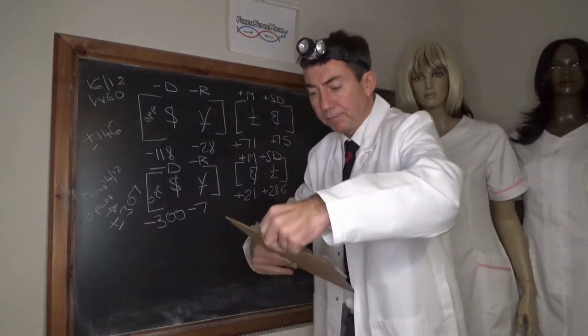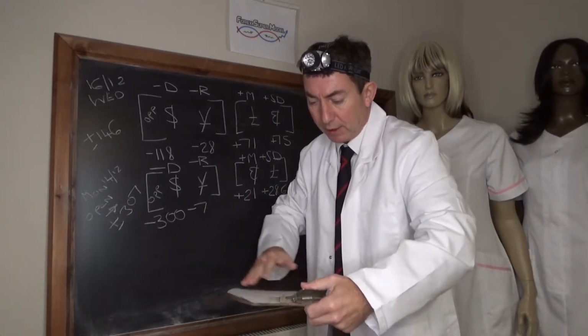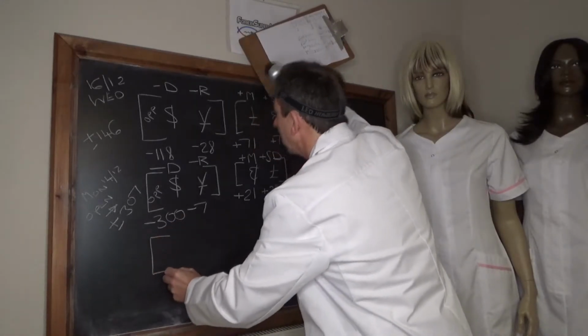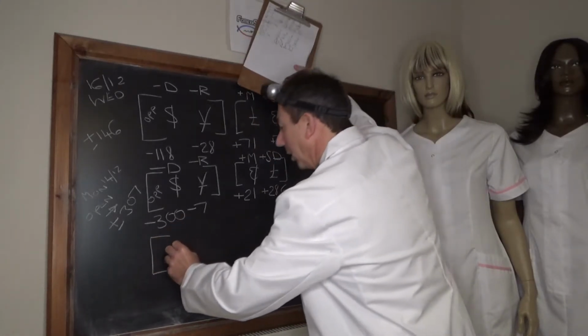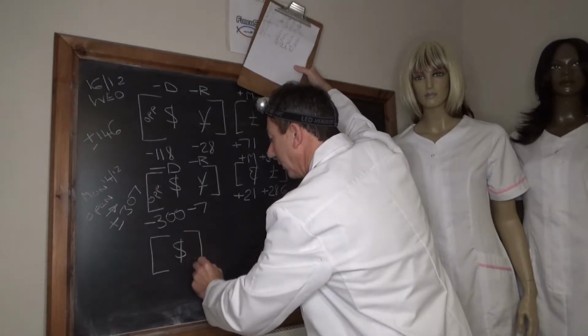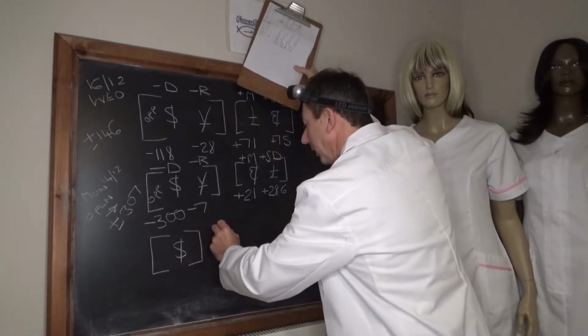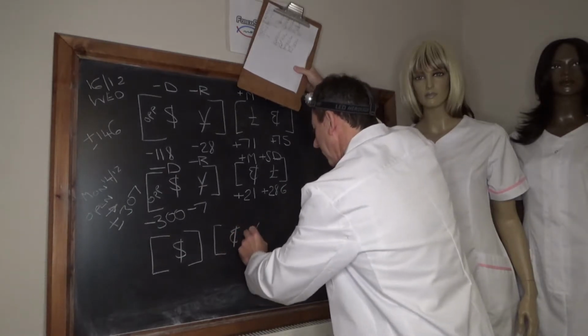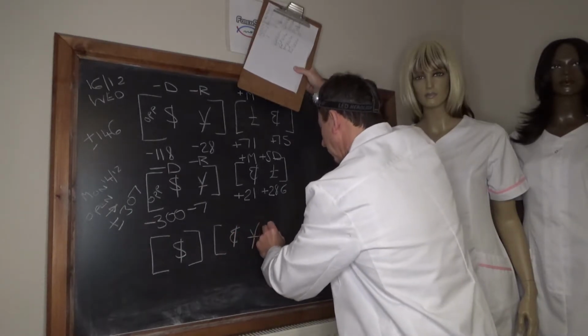So finally, let's have a look at what's happening today so far. So what have we got? We've got the dollar on the negative on its own, with the euro, yen and pound on the positive.